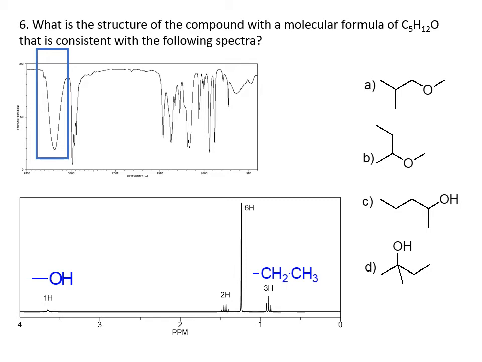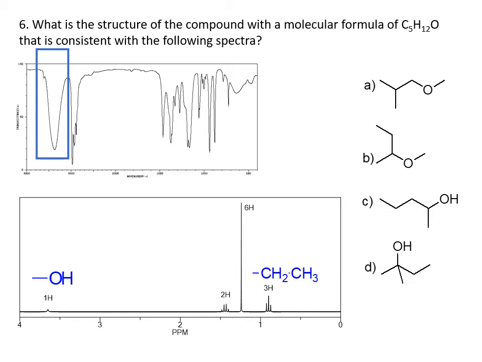And then around 1.45, we can see signal due to 2 hydrogens, and that signal is split into quartet. So those 2 hydrogens are next to 3 hydrogens on the neighboring carbon. So 2 next to 3, 3 next to 2, again typical pattern for the ethyl group. So this compound has ethyl group, and by now you already can guess the answer.